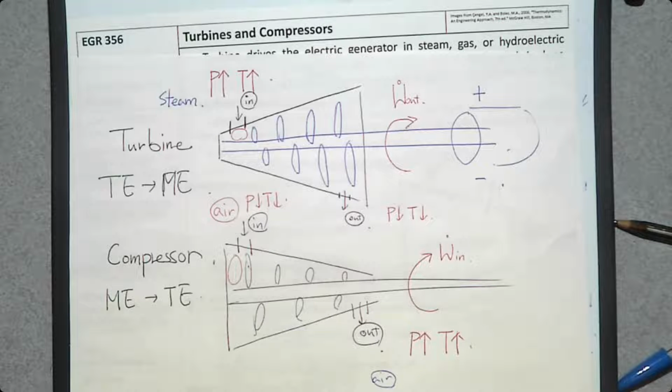So that's how turbines and compressors work. They look similar, but they are the opposite of each other, right? And all they do is conversion between thermal energy and mechanical energy. So in one case, we are producing work. In one case, we are consuming work. Okay?